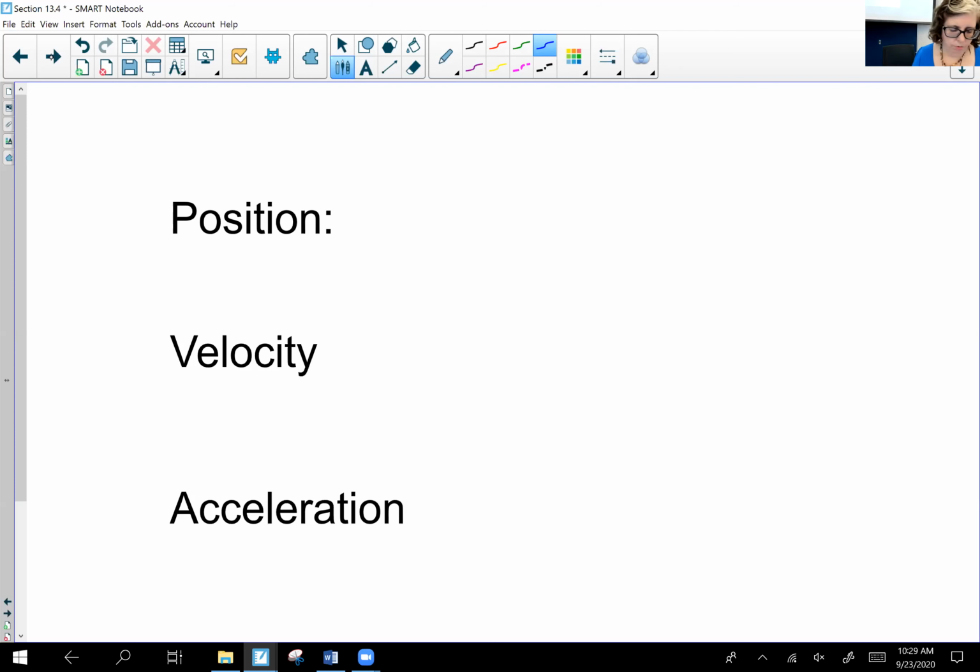All right, the position vector, I'm just going to write these down real quick for you. The position vector we know very well, right? That's our r vector.